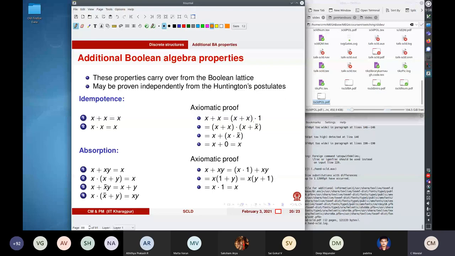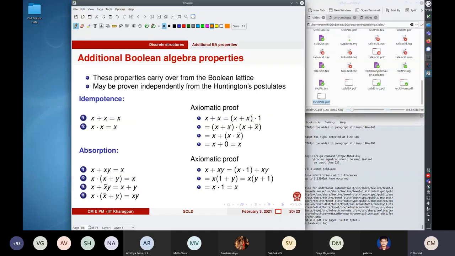Now, you have other properties which may be proven using Huntington's postulates. So here is a proof of these properties. So idempotence: x or x.